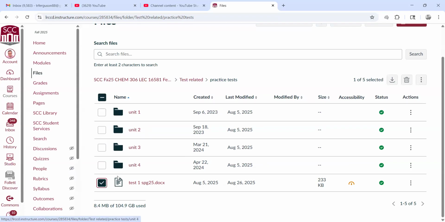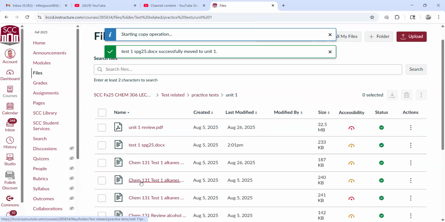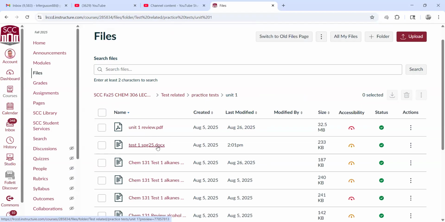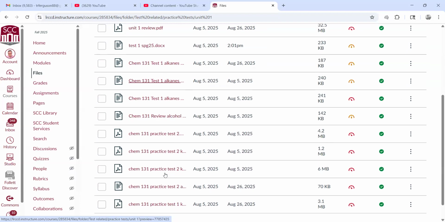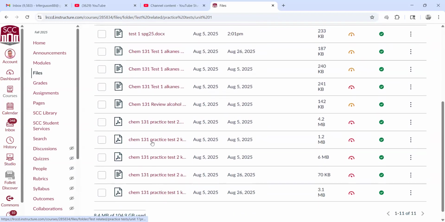Professor, if I have any questions on the dry lab, I can either text you or email you, correct? Yes. Here's a Unit 1 review practice test. I've got lots of practice tests. This Chem 131 is the name of the class up in Tacoma, the same as 306. Whenever you see 131, it's Tacoma.